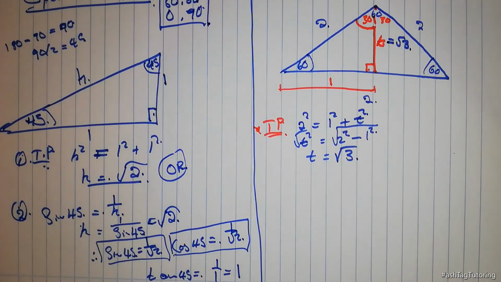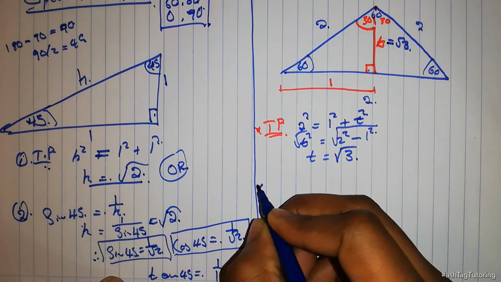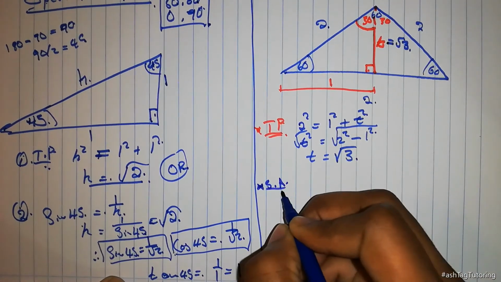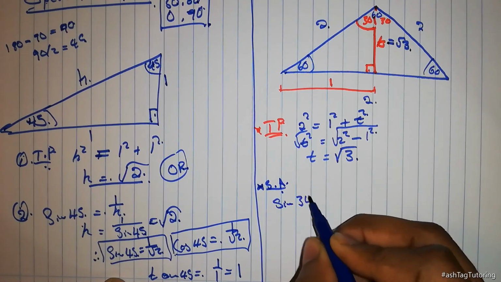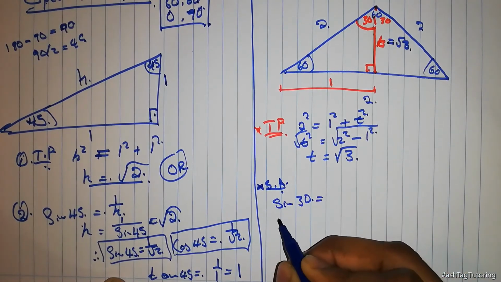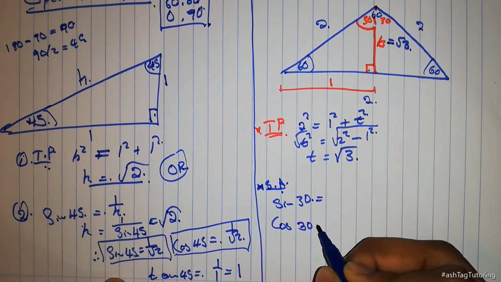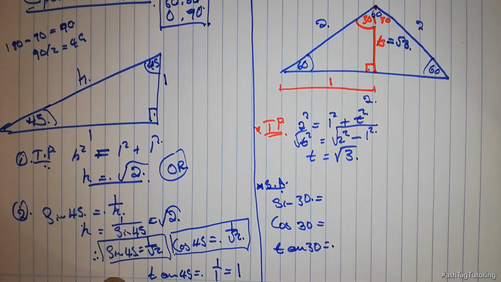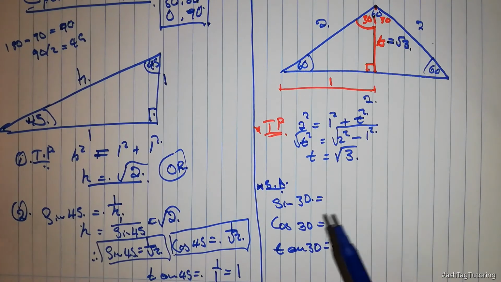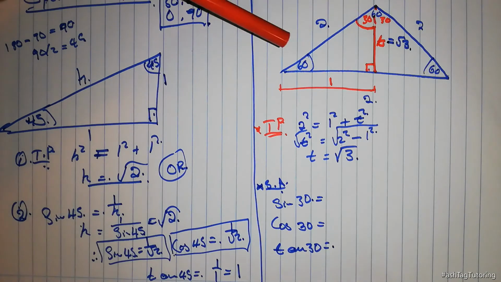Okay. Now that you've defined your triangle, you're able to play around with your trigonometry ratios. Okay. Now you can do the sine, cos, and tan of 30 and also that of 60, but let's focus on the trig ratios of 30.